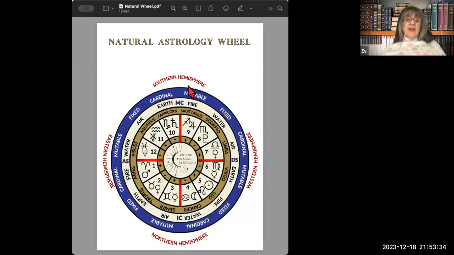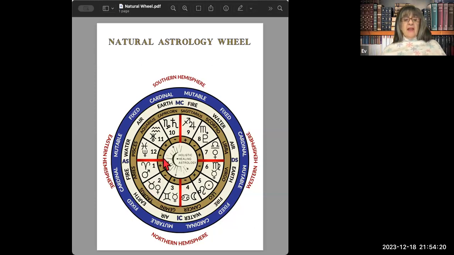And this representation has to do with the signs, which are along this inner gold ring, and then the symbols of the signs, inside, the number of the house, 1, 2, 3, 4, 5, 6. Notice it goes counterclockwise. And then the planets associated with each sign. And these are symbols. So you're going to have to know the symbols or have your symbols cheat sheet out there and ready.